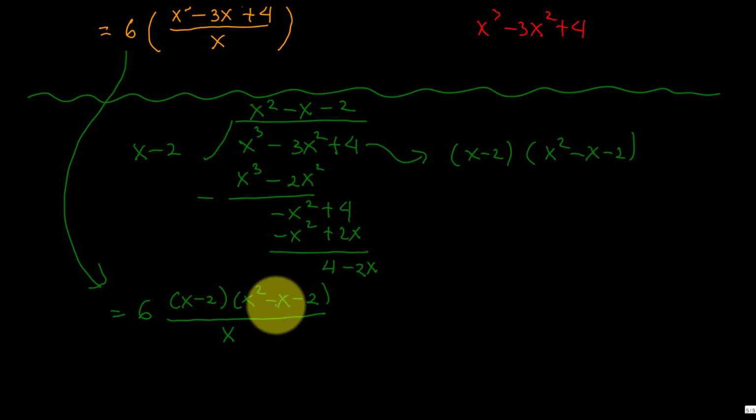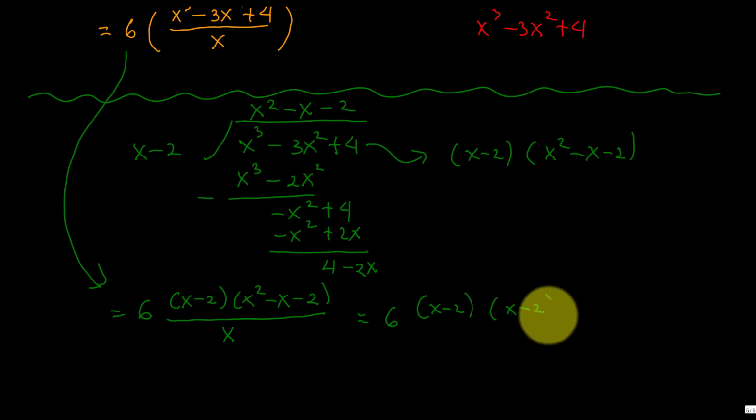We hope we can factor this as well. If we put negative 2 and plus 1, that works. So this is actually 6 times x minus 2 times x minus 2 times x plus 1. That's the factorization. So we just need to solve when this expression is less than or equal to 0.